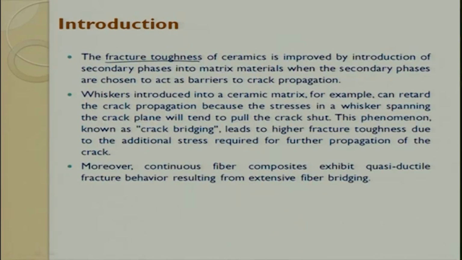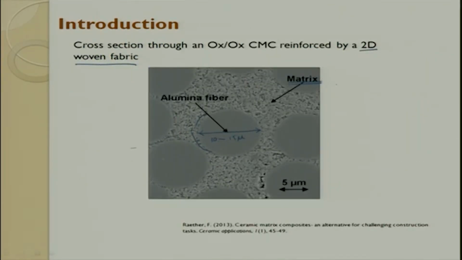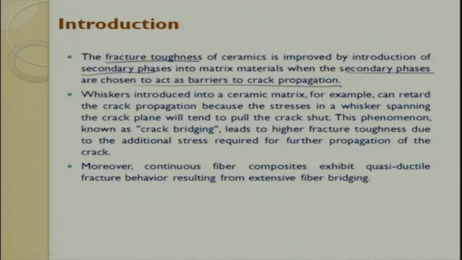So, the fracture toughness of the ceramic is improved by introducing a secondary phase, which we were discussing. I was saying that the secondary phase is chosen to act as a barrier for crack propagation. Is it clear? Whatever we have seen in the previous SEM, we have just put it in words. Predominantly in ceramic matrix composites, we try to enhance the toughness property, that is one property.